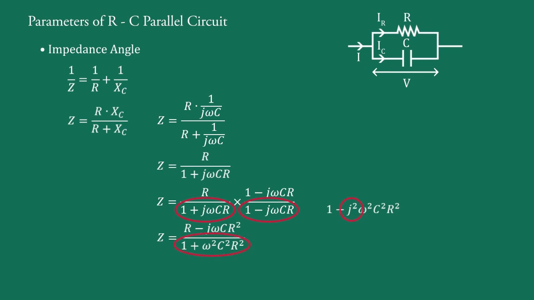Therefore, it is 1 plus omega square C square R square. Expanding it into two terms, we can write Z equal to R upon 1 plus omega square C square R square minus J omega C R square upon 1 plus omega square C square R square.